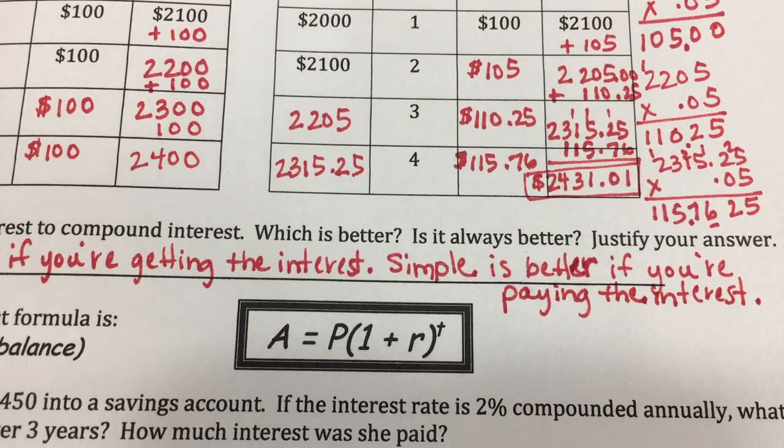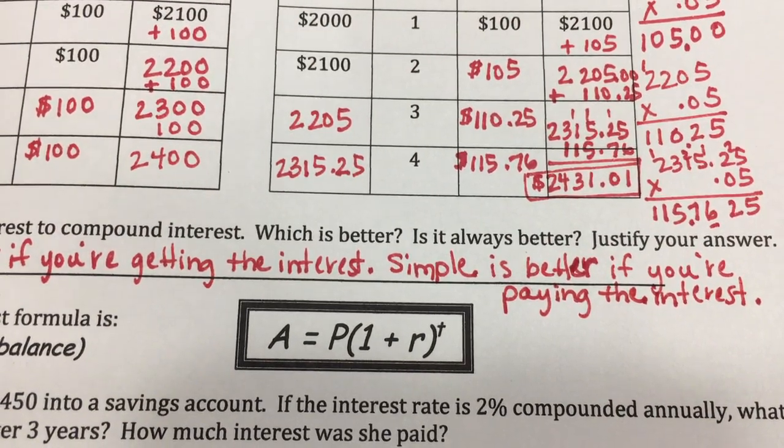So again, compound interest is going to go up faster, which is great if you're the one getting paid. Not so great if you're the one doing the paying.